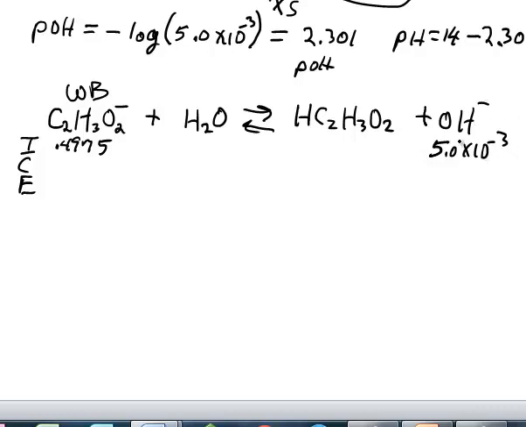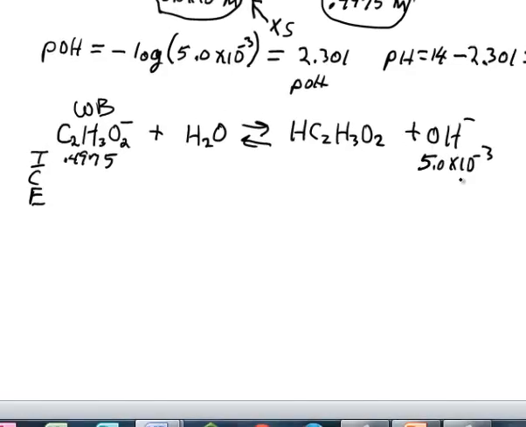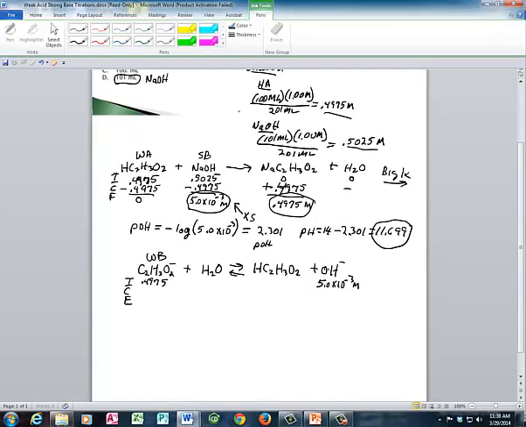So this didn't start out at 0. It started out at a pretty hefty 5 times 10 to the minus 3 molar concentration of hydroxide ion. And what does Le Chatelier's principle suggest if we add in product, which this is in the base hydrolysis reaction?